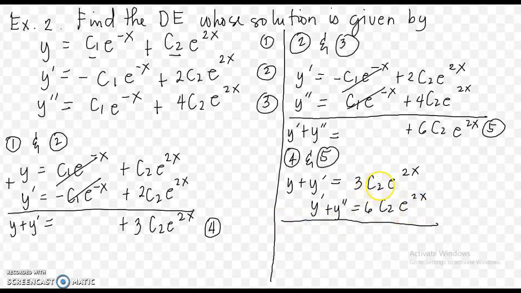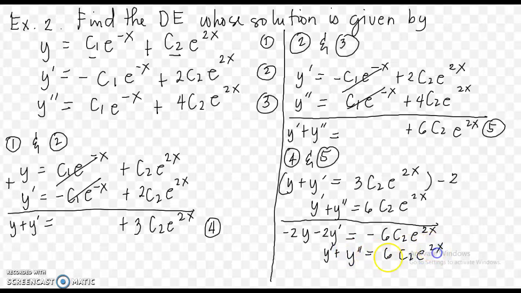We cannot eliminate your C2 here since you have 3 and 6. Therefore, we have to multiply this equation by negative 2. We have negative 2y minus 2y prime is equal to negative 6c2 e to the 2x. Then we have y prime plus y double prime equal to 6c2 e to the 2x.